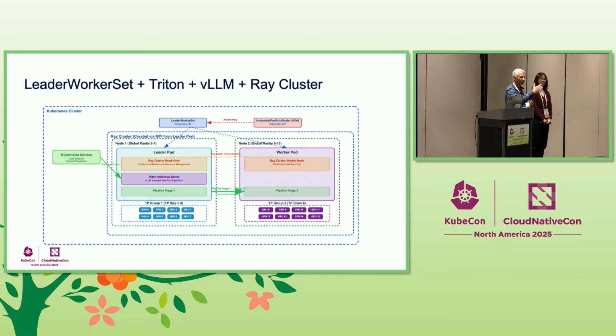In other words, you start off with a LeaderWorkerSet group where you have a leader pod and then one or more worker pods. From the leader pod, we use mpirun to fire off a Ray cluster. So now the Ray cluster is superimposed on top of the LeaderWorkerSet, right? Whenever the LeaderWorkerSet scales, the Ray cluster is going to automatically scale with it, but the Ray cluster will always be contained within the LeaderWorkerSet.